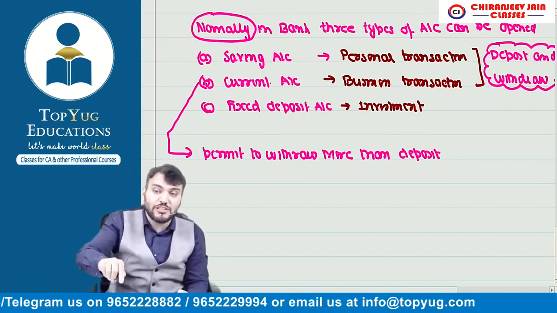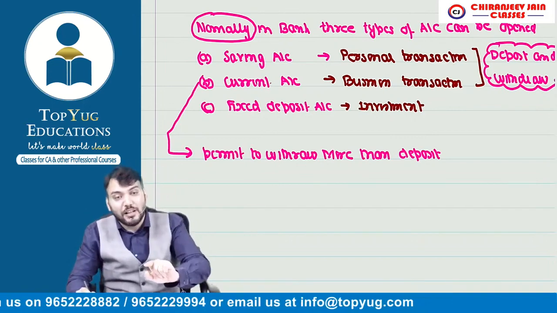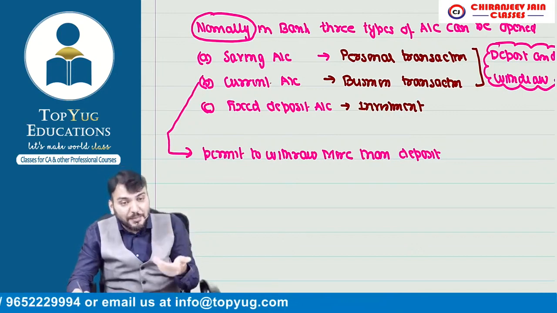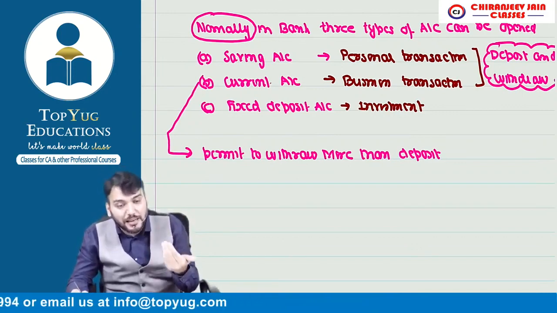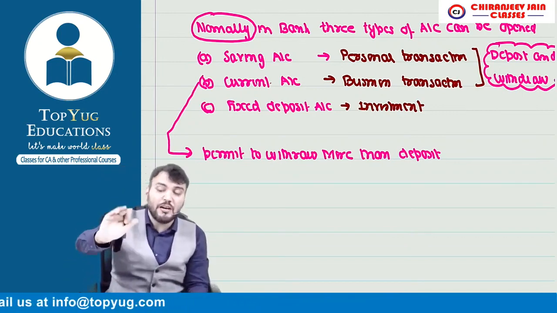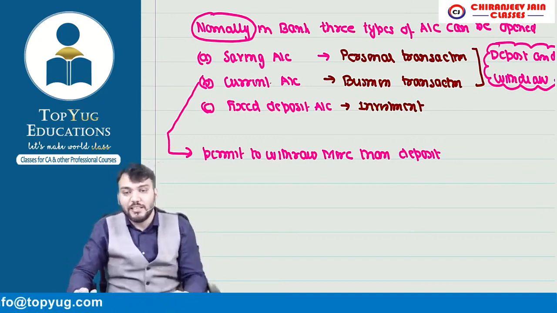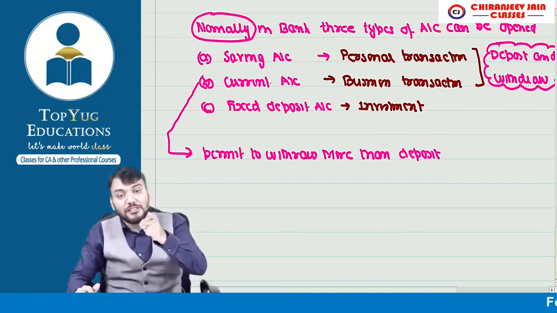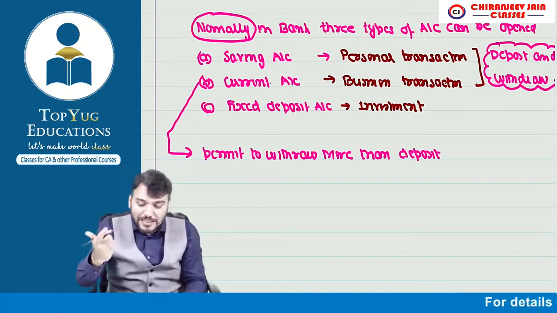Suppose you have deposited 1 lakh but you can withdraw 1,20,000. It means the bank account can have a credit balance. Credit balance means it becomes a liability. You deposited 1 lakh, so it is your asset, but you have withdrawn 1,20,000, so a difference of 20,000 has come. It means now it is payable to the bank. So it will have a credit balance, correct?